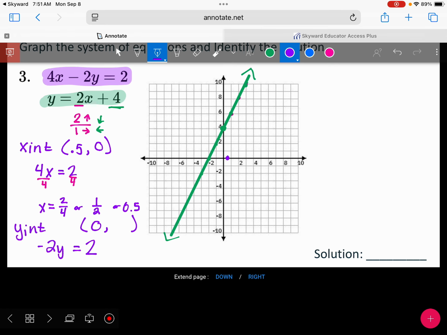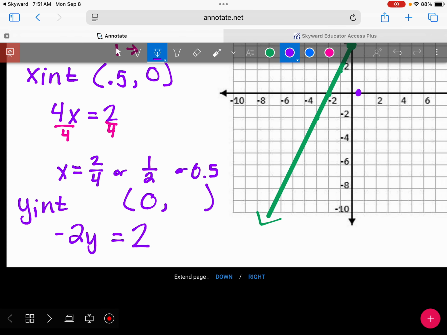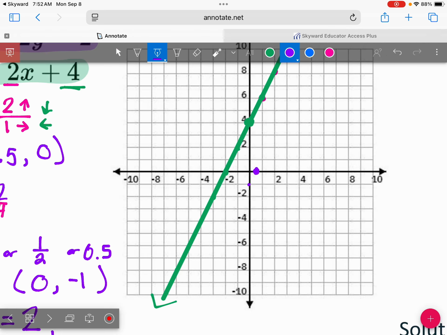So we can find our x and y intercepts. Here, when I divide both sides by negative 2, our y is going to equal negative 1. We're going to wind up with this point right here.